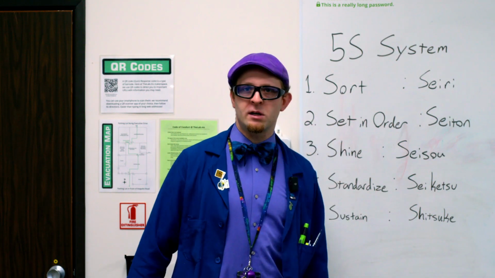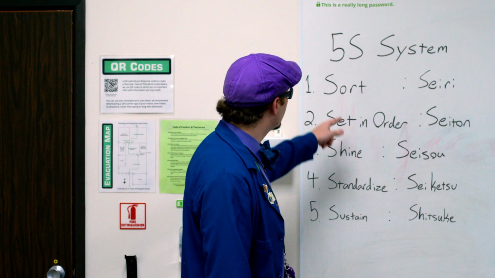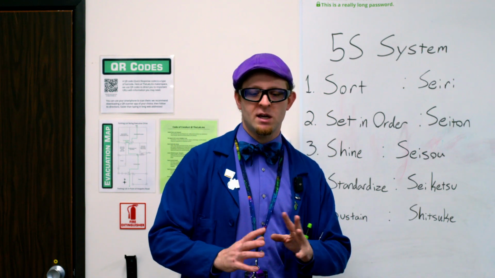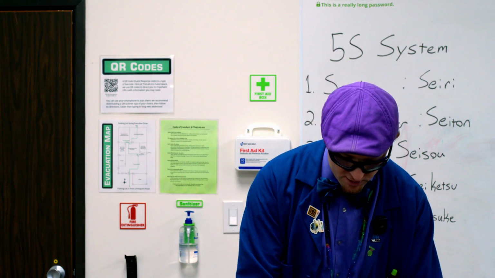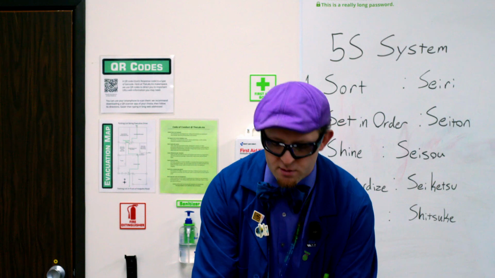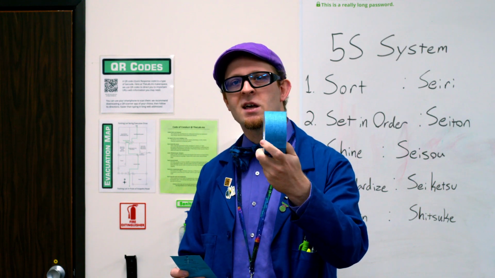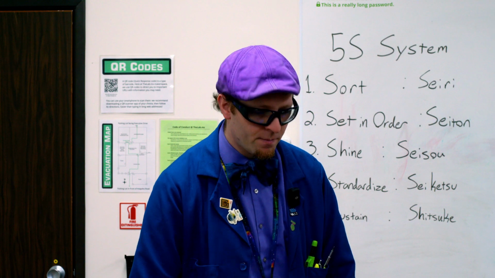Sustaining the orderliness of your area and sustaining the sorting and keeping everything in its place. Using every aspect that we have, every tag that we've created, even using some tape to mark off simple things like this. You don't have to have a full blue tag for every item. Having a simple tag that says, hey, my name's on it would be just enough if you think about it.